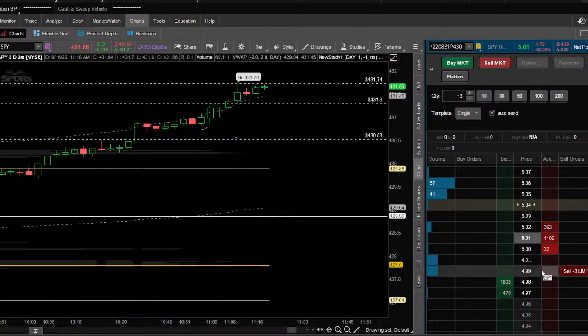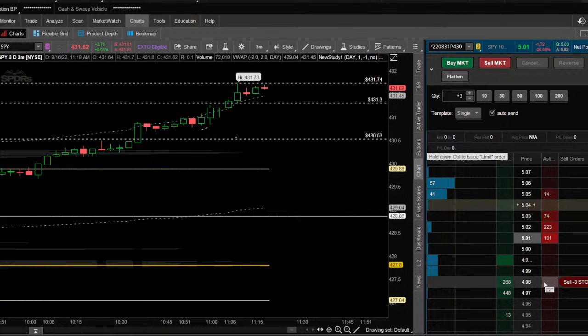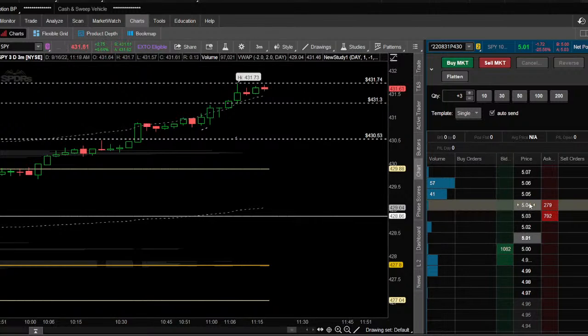Where would I get filled at though? 498. That's what I would get filled. My average for my put option is 504.